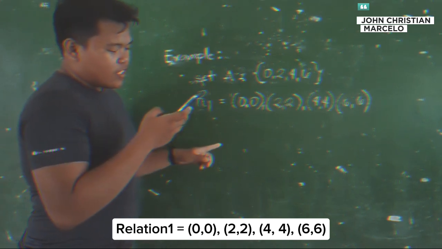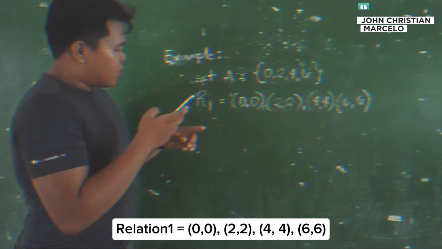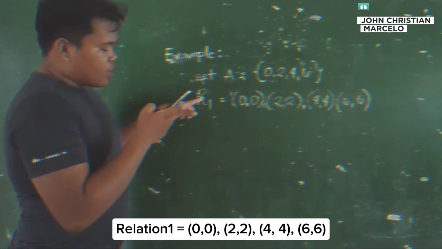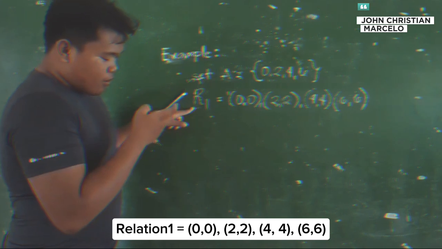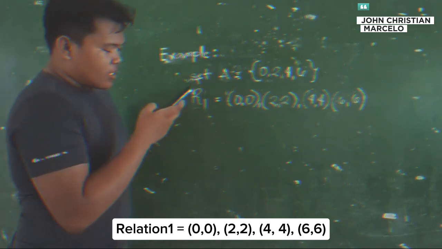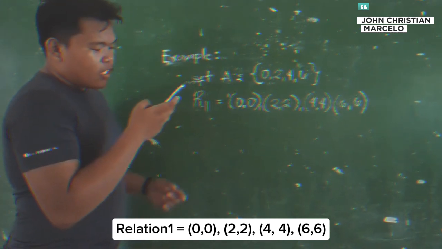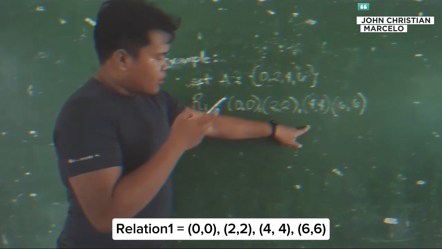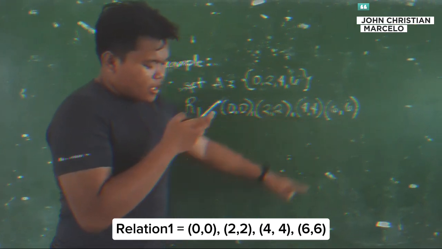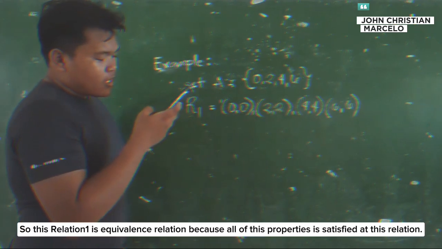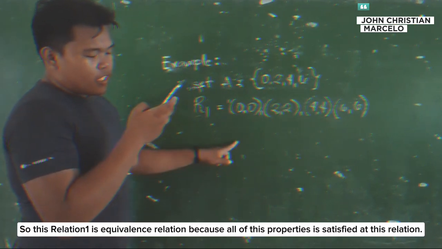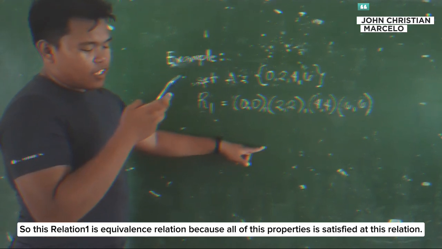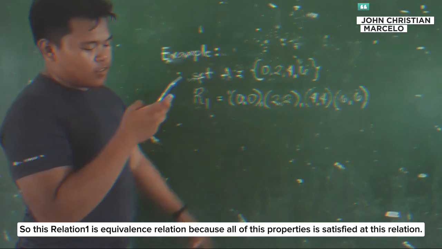This R is reflexive because every element that belongs to set A is in relation 1. As you can see, we have the ordered pairs (0,0), (2,2), (4,4), (6,6), and this is also symmetric and transitive. So this relation is an equivalence relation because all of these properties are satisfied.